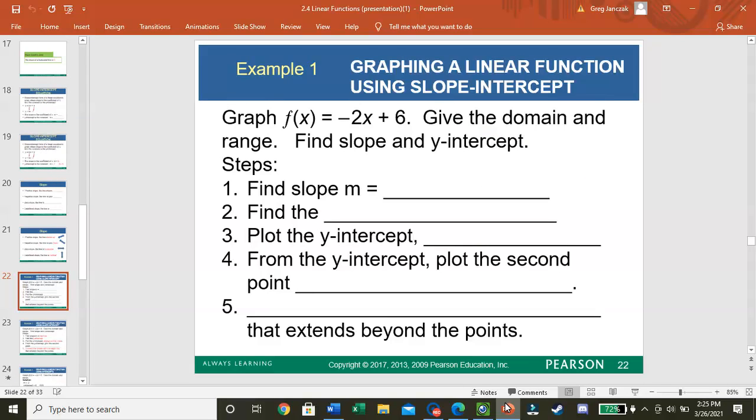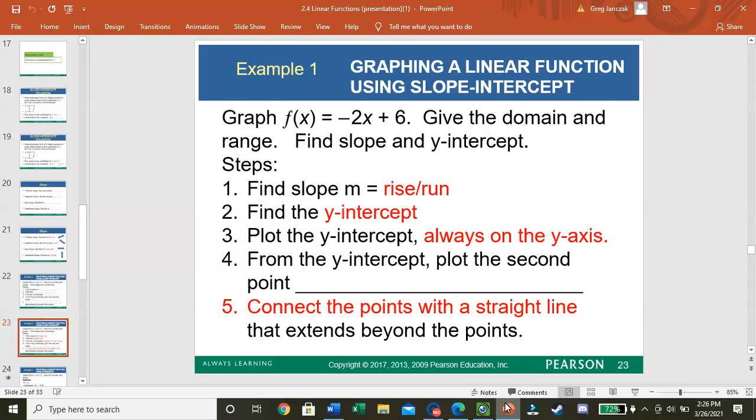Okay, steps to finding slope. Here we're given an equation, -2x plus 6, and we want to graph that and give the domain and range. First thing you want to do is find slope, and that's rise over run.